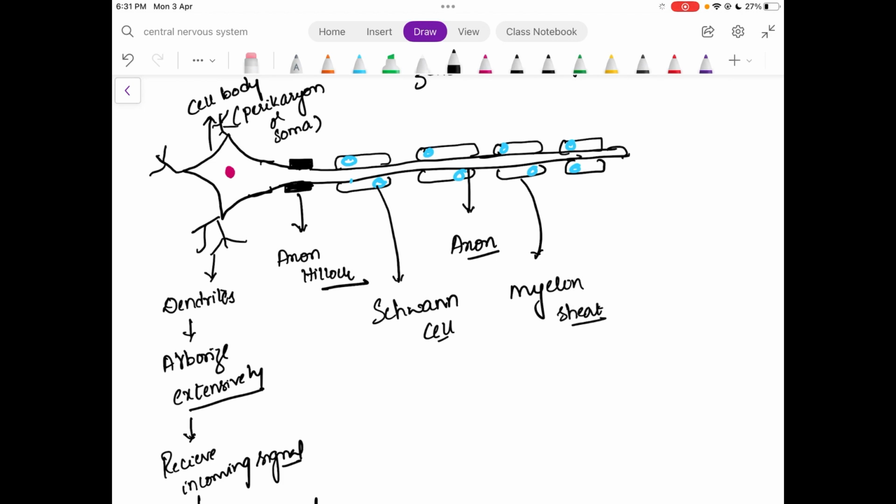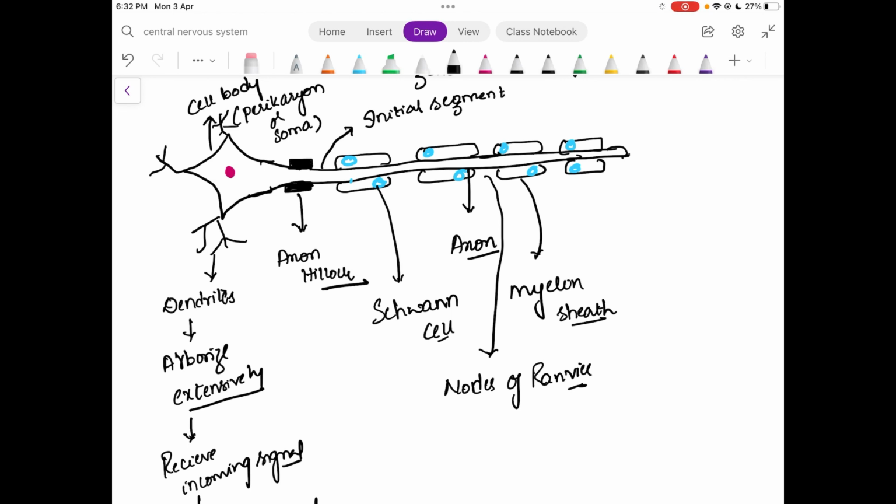These gaps are called nodes of Ranvier, so there won't be any myelination in the nodes of Ranvier. This is called the initial segment, which is the first portion of the axon.